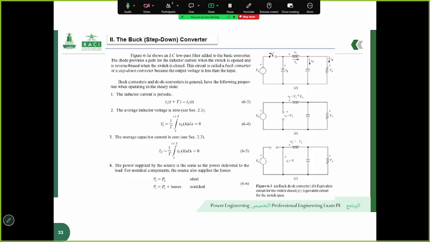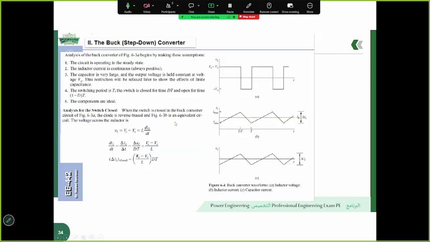Power is conserved apart from losses, making this circuit highly efficient compared to linear regulators. So in summary, the buck converter is the foundation of modern DC power supplies, used in everything from phone chargers to computer power systems, because it provides efficient step-down voltage conversion.